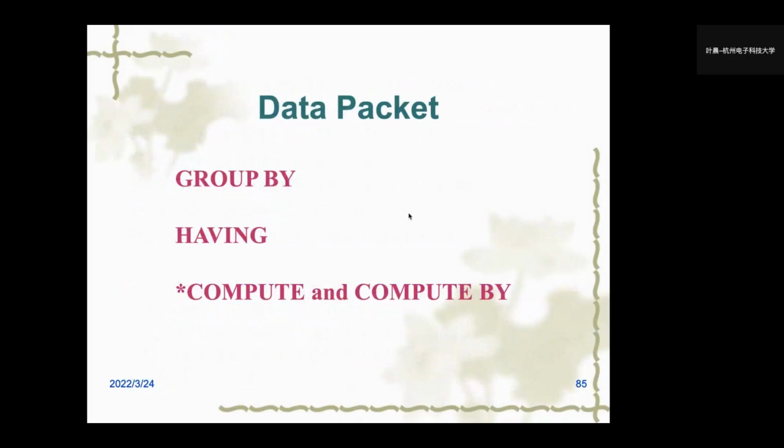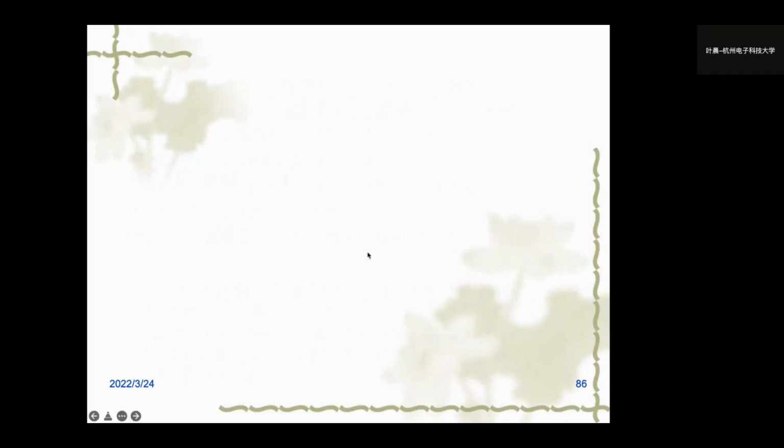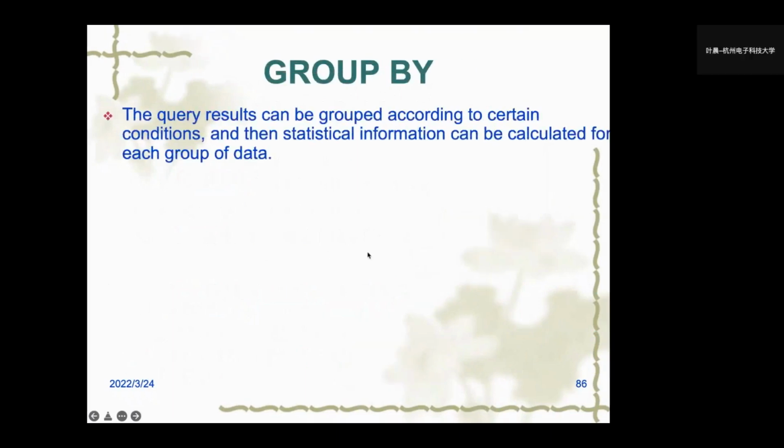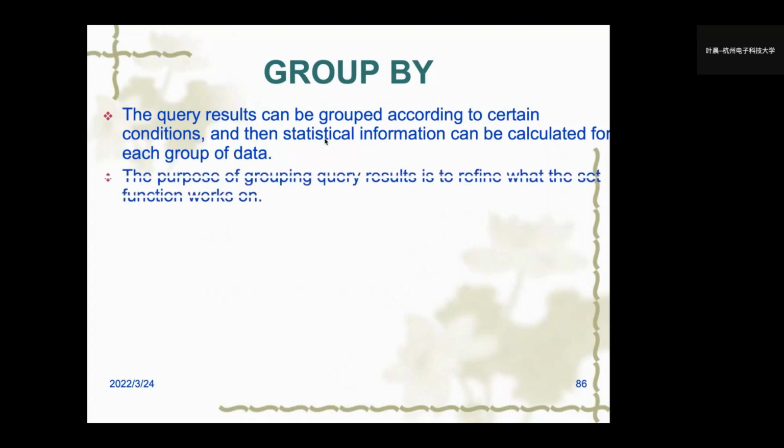Also here we have the data grouping, which includes GROUP BY, HAVING, COMPUTE and COMPUTE BY. First, let's introduce the GROUP BY. The query results can be grouped according to certain conditions, and then the statistical information can be calculated for each group of data.